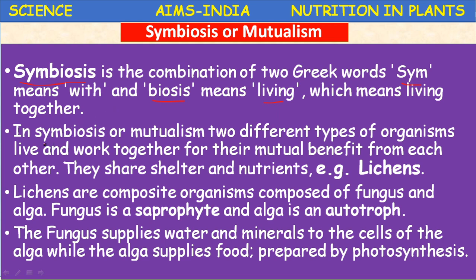In symbiosis, also called mutualism, mutual sharing will be there. That's why it is called mutualism. In symbiosis or mutualism, two different types of organisms live and work together for their mutual benefit from each other.